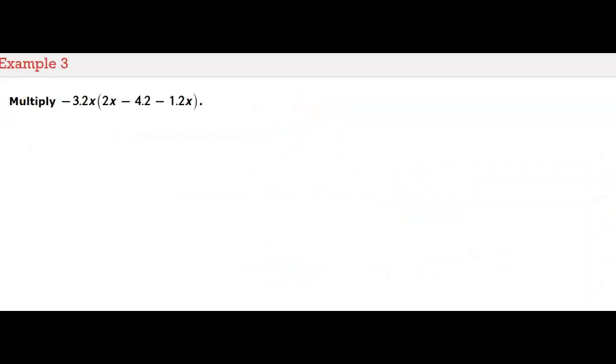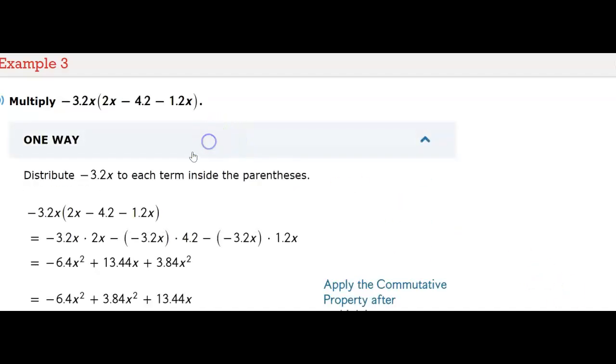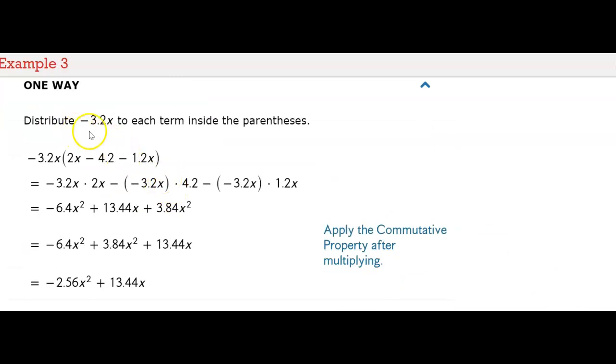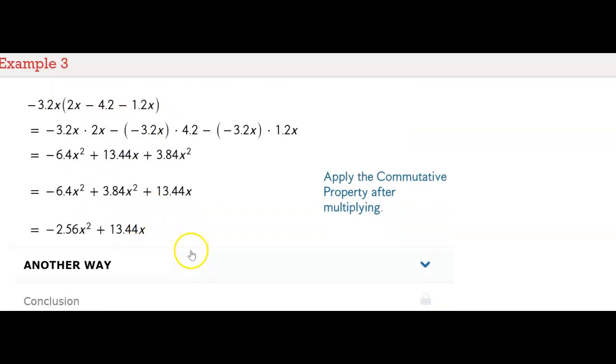Multiply negative 3 and 2/10 times x times the quantity of 2 times x minus 4 and 2/10 minus 1 and 2/10 times x. Okay, one way, you can distribute the negative 3 and 2/10 times x to each term, as we've been doing in all the previous problems that I've done.